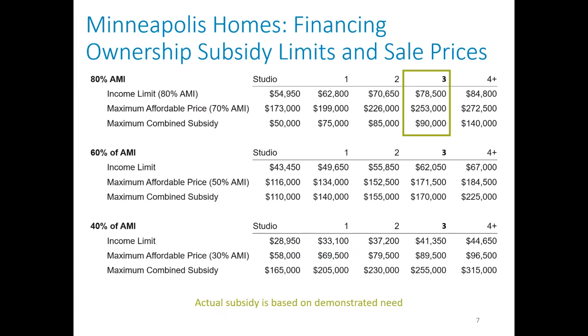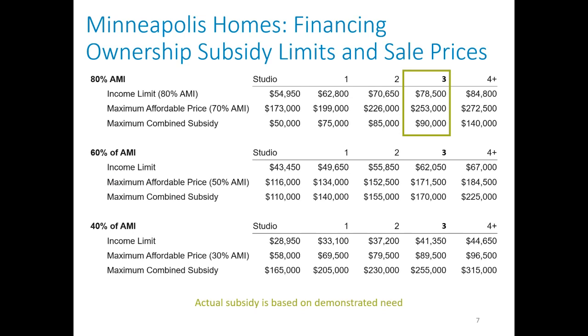So with the Minneapolis Homes program, we've made some changes this year compared to past years, and that includes right-sizing our subsidy commitment based upon the number of bedrooms and the income limit for the housing unit created. So what this chart walks through is the different subsidy and sales price limits that apply based upon the unit size and then the income that you will be serving if you're applying for city financing.